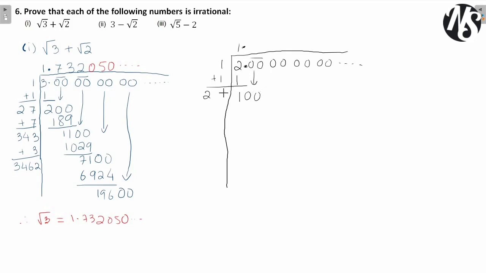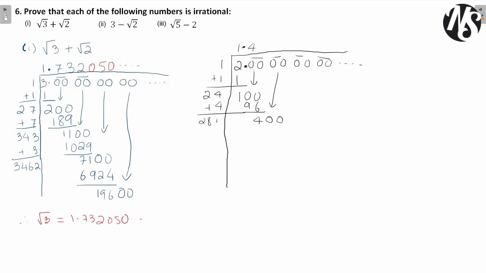Now you have to write 4 here, because 4 into 24 becomes 96. So we will add 4 here, you get 28. When you subtract this, you get 4. Bring these two zeros, so you get 400.